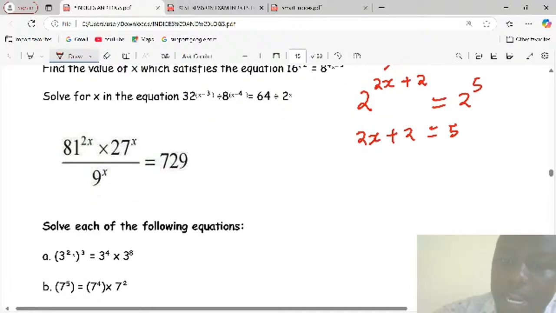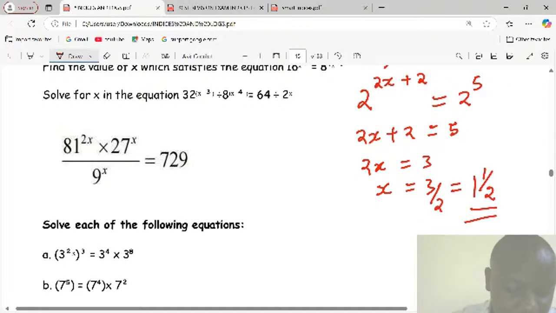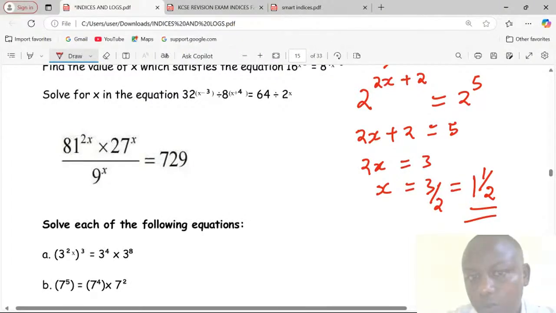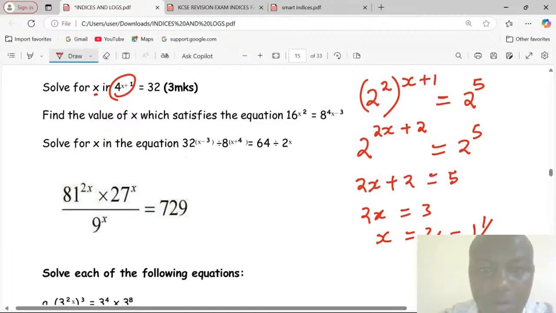Then 2x is equivalent to 3. Then x is equal to 3 over 2, which is 1.5. So that becomes the final answer and our value of x.